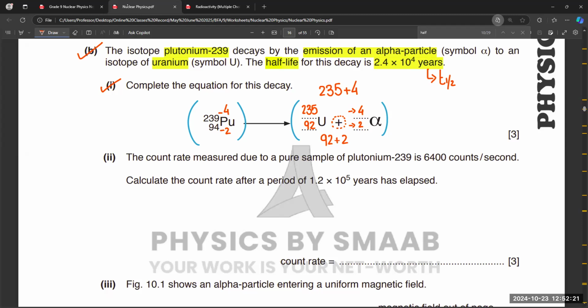Sir, it says to complete the equation. Decay means that it is getting rid of the alpha particles, right? Like the emission of the alpha particles. So why are we adding it here? Basically, the alpha particle is emitted, and the rest of the element is called uranium. So in the output you are getting two different elements, right? One alpha, second uranium. Initially, we have only one element, plutonium, and it splits into two elements, alpha and uranium.